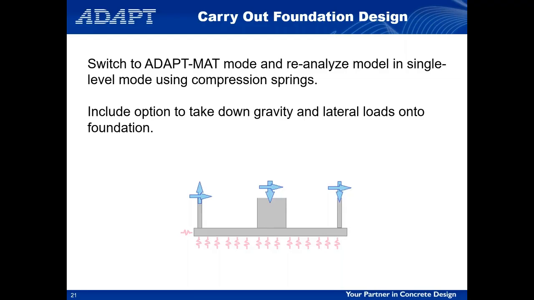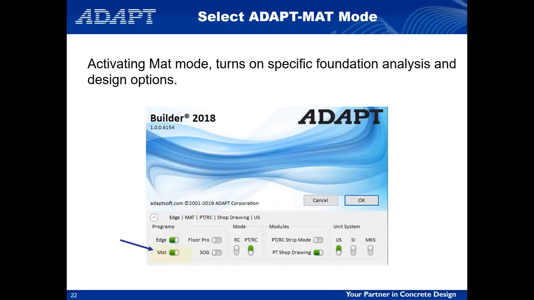So we're going to run it in mat with the spring supports. Most importantly, you want to make sure you're selecting the right options to do the load takedown for gravity and lateral loads. First of all, remember when you're reopening, it's the same exact model. All you're doing is closing the model, saving what we've done before, and opening it, and this time it's going to be in mat mode.